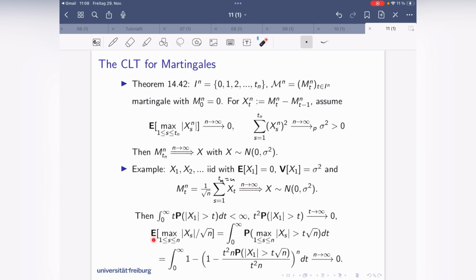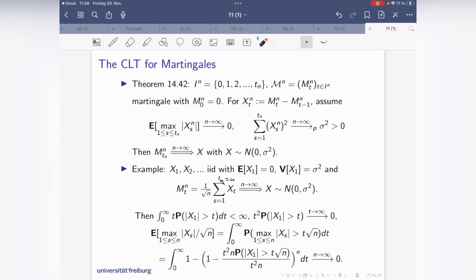So what's the expectation of the maximum of the Xs divided by the square root of n? Well, I can also say it's an integral over the probability that the maximum is bigger than t. And I can also move the square root of n to the other side. So I get this here. And what does this mean?